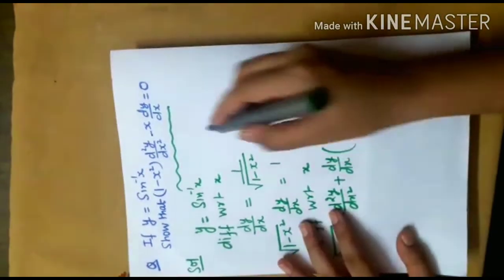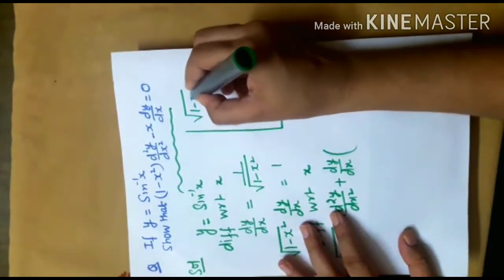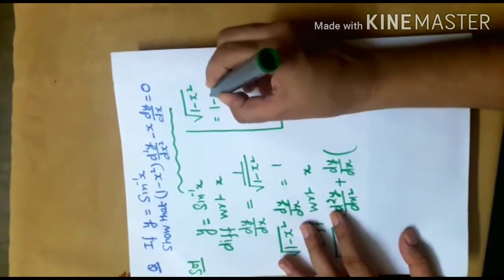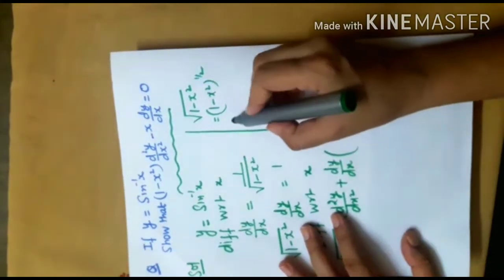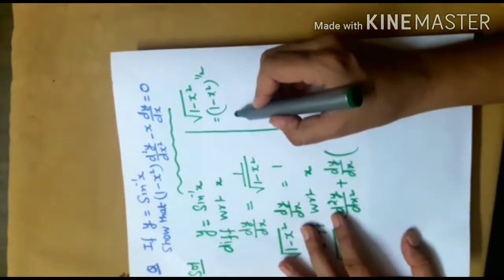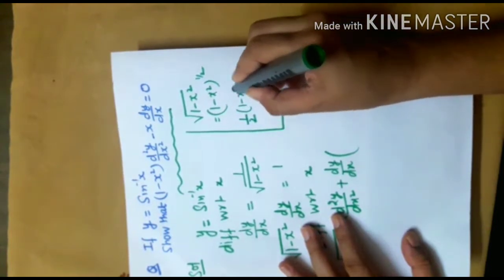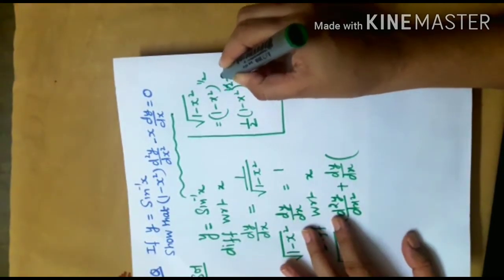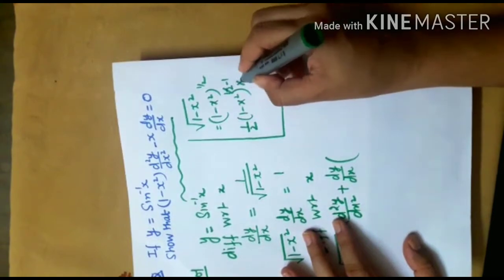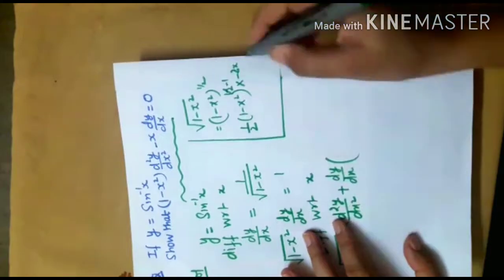Now look here. Root 1 minus x square can be written as 1 minus x square raised to the power half. So its derivative will be half 1 minus x square raised to the power 1 by 2 minus 1 into derivative of 1 minus x square, which is minus 2x.